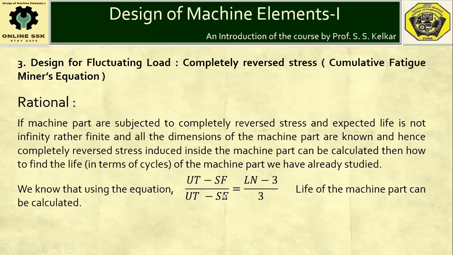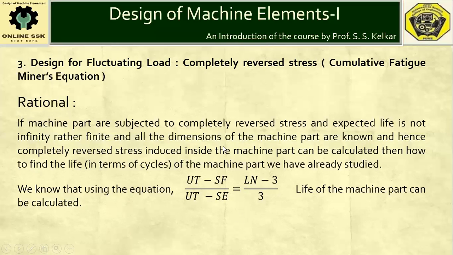Using that value of Sf, one can calculate capital SF. Knowing the Sut value, one can calculate capital UT. Knowing the endurance limit, one can calculate capital SC. And then using this formula, N will be the only unknown that will be found out, and based on the value of N, one can calculate the expected life of the machine part.